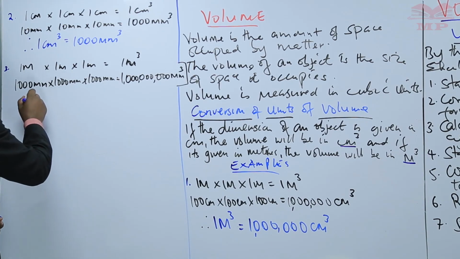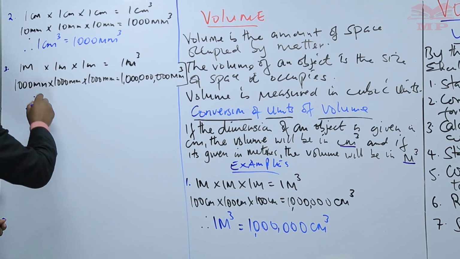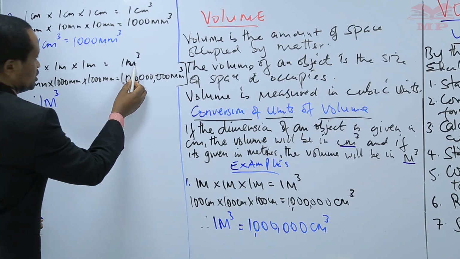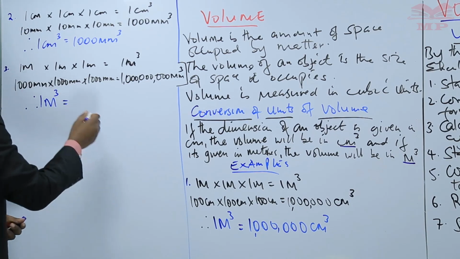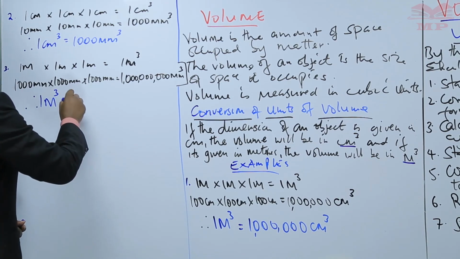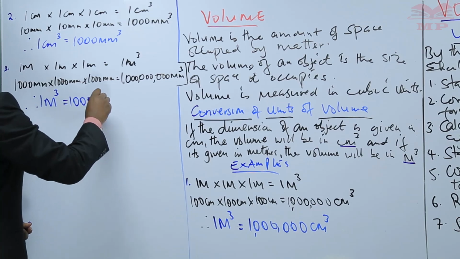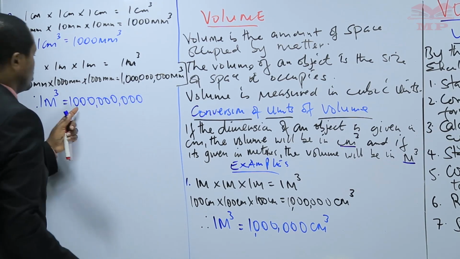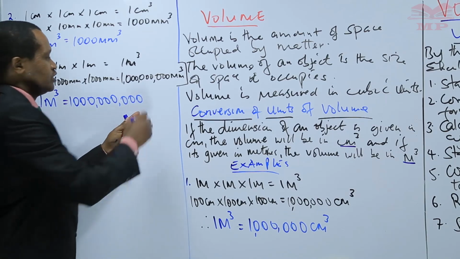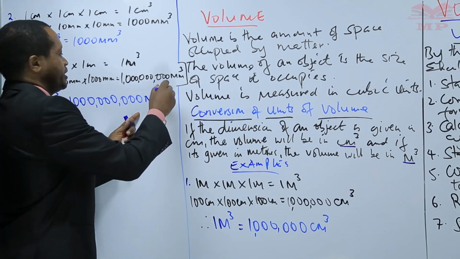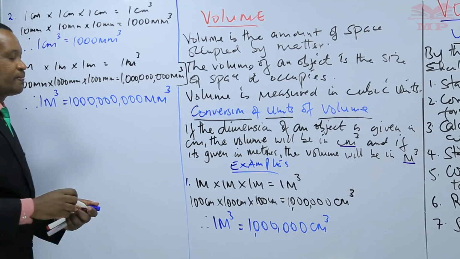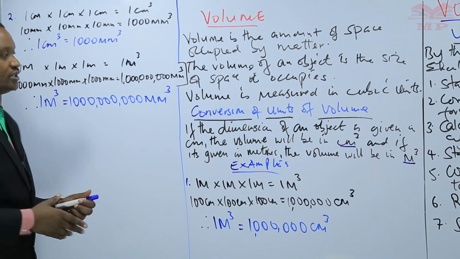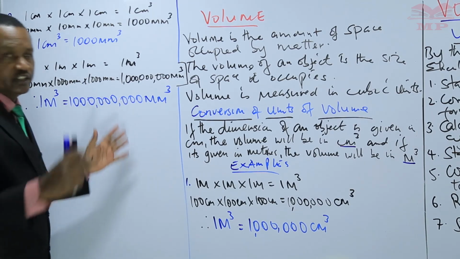Therefore, this 1 cubic meter is equivalent to 1 billion cubic millimeters. A billion has 9 zeros.